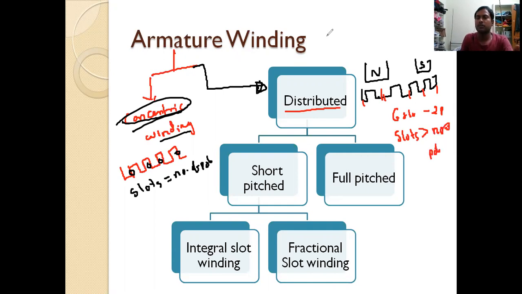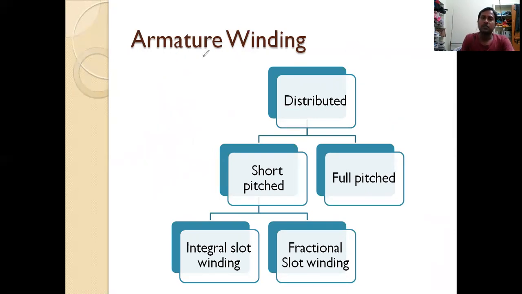Why is each type of winding used? Concentric winding is used in DC machines, and in AC machines and AC generators, distributed winding is used, because in DC machines the induced EMF in the armature is trapezoidal.